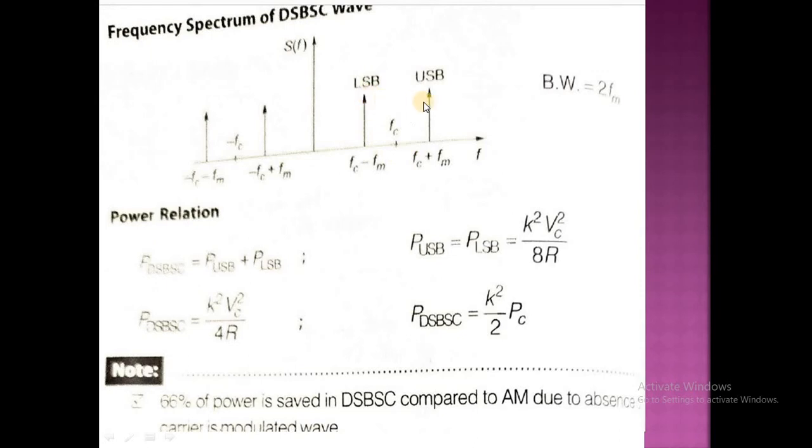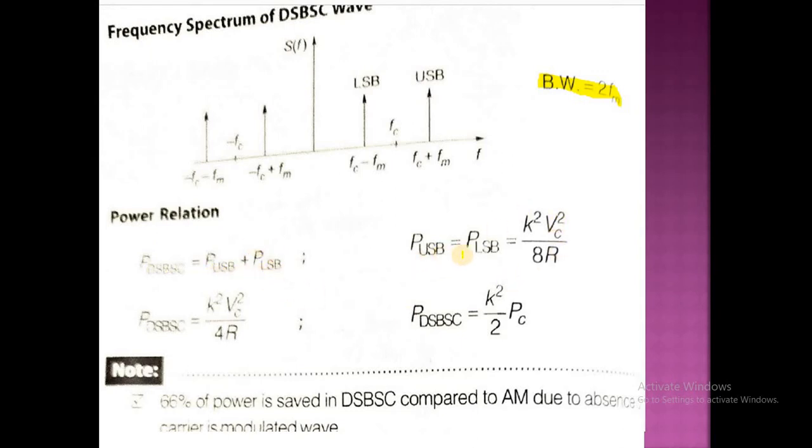So the frequency spectrum of DSB-SC, it is LSB and USB. If you see here, guys, the bandwidth in case of a DSB-SC is 2 fm. And various power relations in DSB-SC: the total power equals upper sideband power plus lower sideband power.